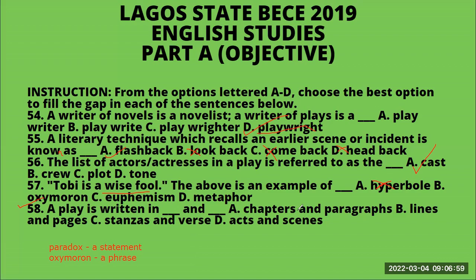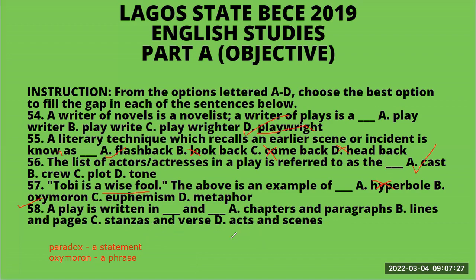Lines and pages. Well, of course, when you talk of lines strictly, if they are poetic lines, then you should be talking of lines. Then stanzas and verse. This refers to poems. Poetry is written in stanzas and verse, or stanzas and lines, if you like. A stanza is a group of lines in a poem.